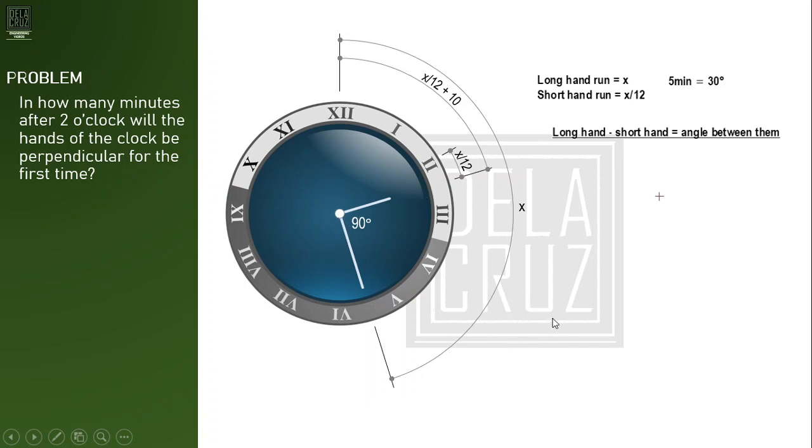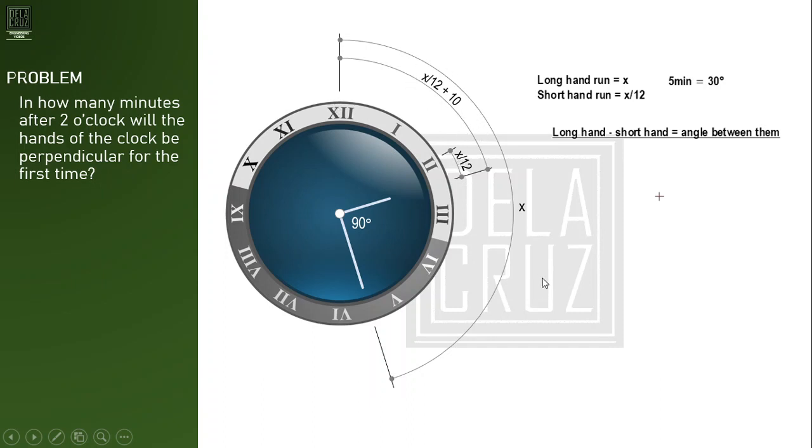So, yung difference of the long hand and the short hand from a certain base, which is yung 12 o'clock mark natin, is equal to 90 degrees. Alright? So that x, the long hand, minus x over 12 plus 10. Take note that from the 12 o'clock mark to the 2 o'clock mark, that is equivalent to 10 minutes. So that's why we can have 10 minutes plus x over 12, or x over 12 plus 10 minutes.